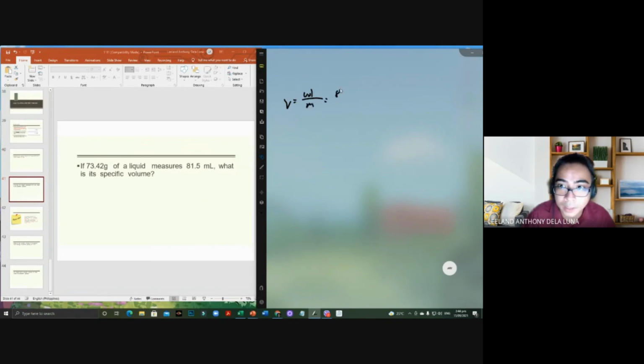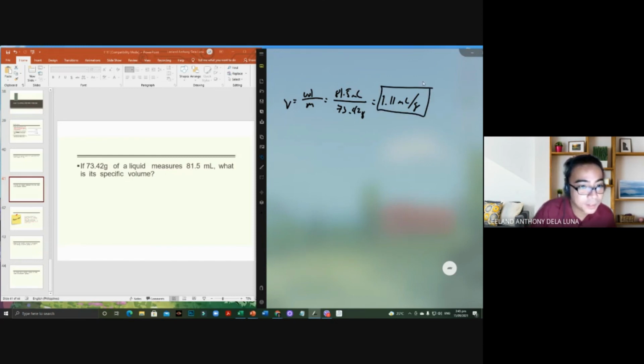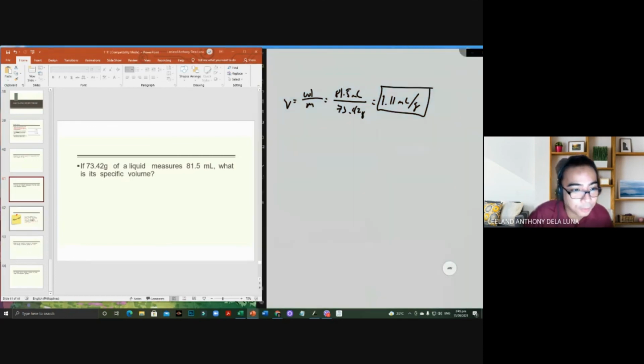So that's 81.5 ml divided by 73.42 grams, and that would give you an answer of 1.11. 1.11, very good. ml per gram. Very good.